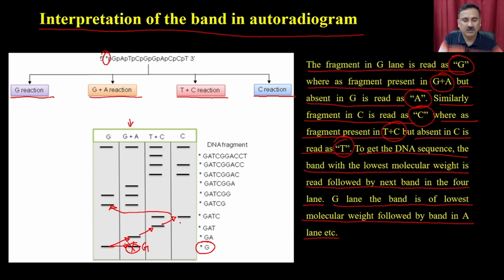So you are going to go from the lower band to the higher band. Between G and G plus A, if you have the band in the same line, you are going to read it as G. Similarly, if you have a T plus C band and a C band, you are going to read them as C. So if you have two bands present in both T plus C and C, you are going to read that as C rather than T. The same is true for the G plus A and G reactions.